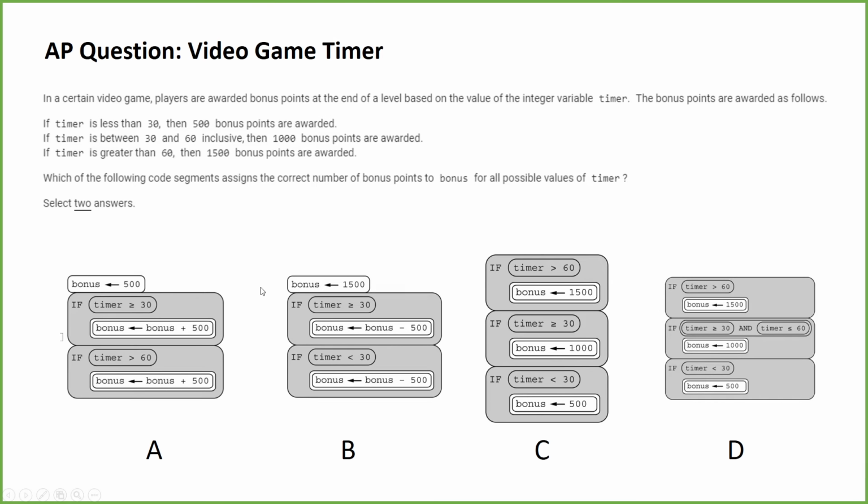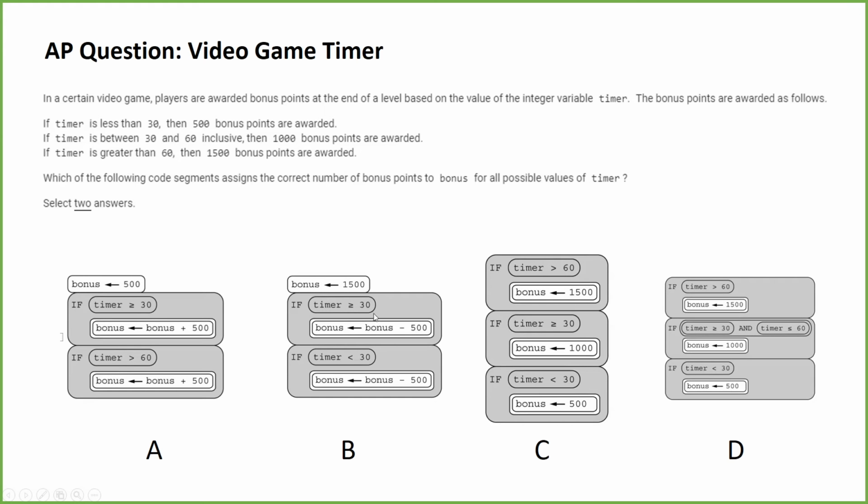This one does it the opposite way. Does it remove any? So this says, let's set it to 1,500. If the timer is greater than or equal to 30, then let's minus 500. Seem right? But this doesn't quite catch it.